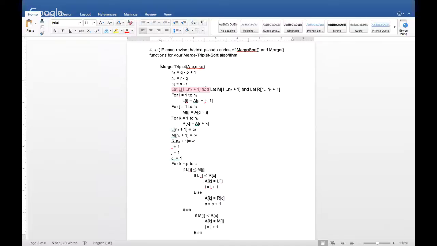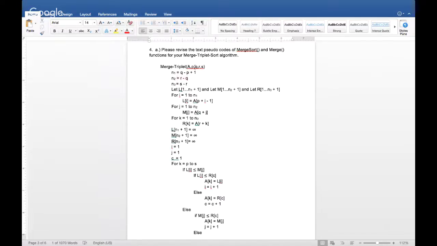So if you look here, we initialize L, M, and R. These are the 3 arrays that we are going to split A into the first time, which this does get called recursively. We have Q minus P. I wish I had some visualizations to make it easier for everyone to understand.